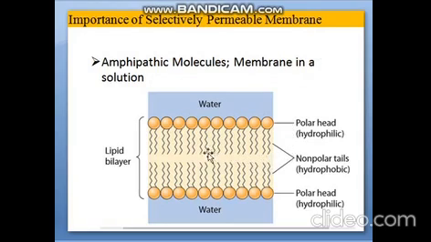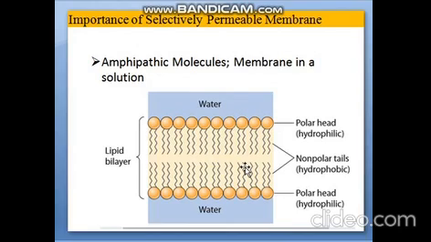That part is here. You see these layers, these balls are the polar heads, and these are the tails. These tails are hydrophobic, and the hydrophobic nature of these tails will restrict the movement of molecules in and out of the cell membrane.